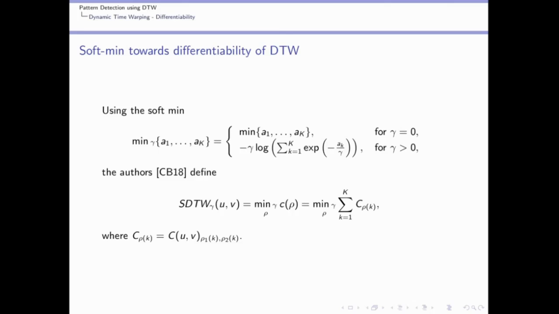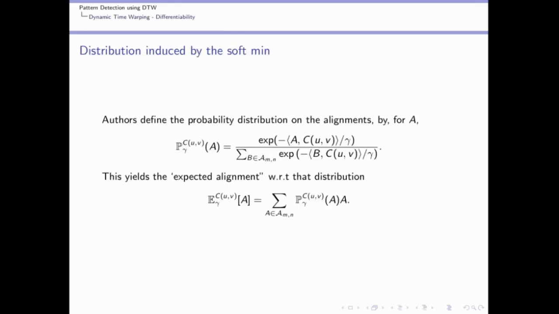With this, soft DTW was proposed by simply replacing the standard minimum with the gamma-minimum of the cost. Before we compute the gradient, we need to look at the probability distribution on the alignments induced by these definitions. There is a probability distribution proportional to the exponential of minus the scalar product over gamma.